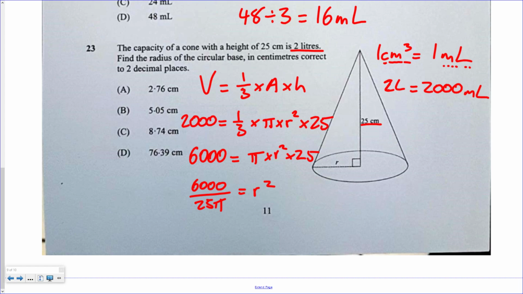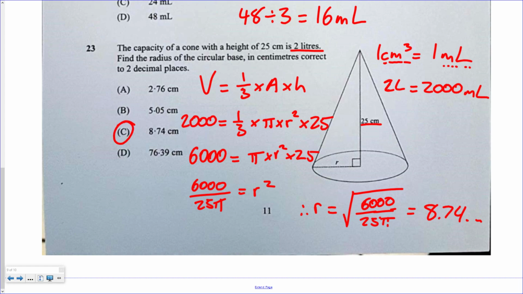The opposite of squaring a number is square rooting it. Therefore, r equals the square root of 6,000 over 25 pi. Once you put that into your calculator, you get about 8.74, which is the answer C.